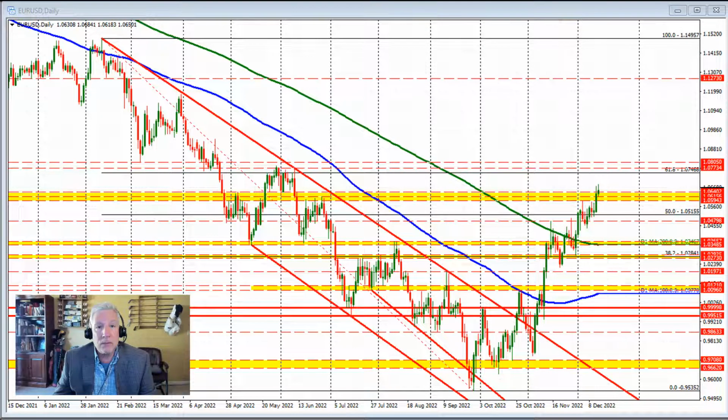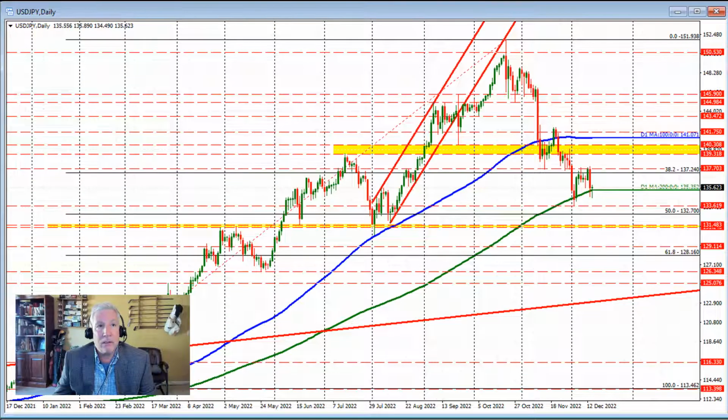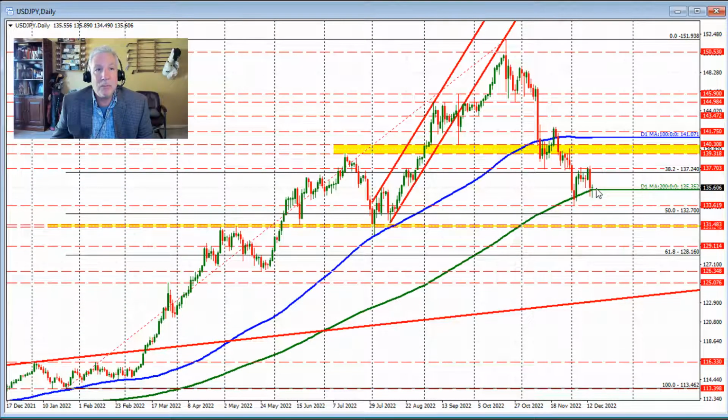Let's take a look at the dollar versus yen, and again, I want to take a look at the daily chart in this currency pair. We've been trading above and below the 200-day moving average, and we're currently above that moving average. We started the move right at the Fed decision time. The market was trading at 134.81, and we're currently trading at 135.61.